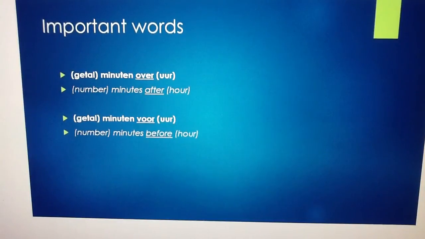And when some minutes are before the hour, you have to say voor. Getal, number, minuten voor 3 or whatever number you can think of. So over is when the minutes are after the hour, and voor is when the minutes are before the next hour. That's something you need to realize.